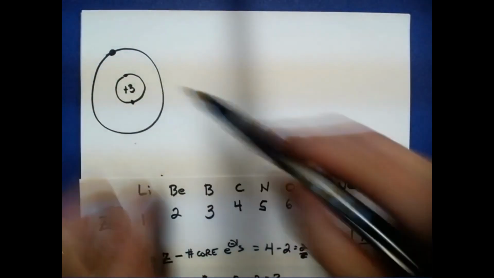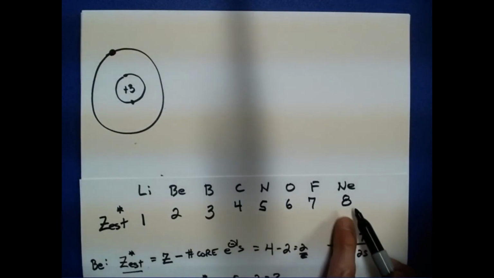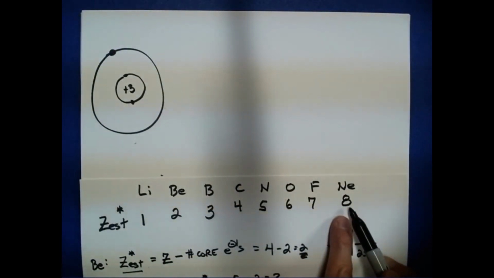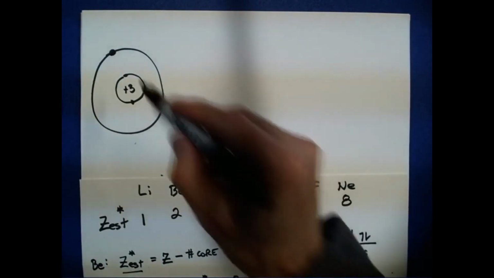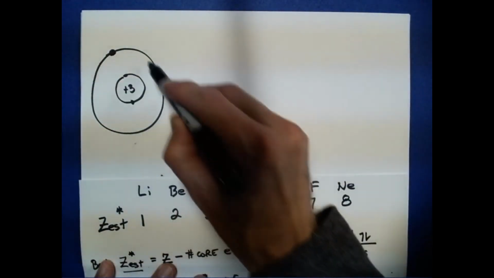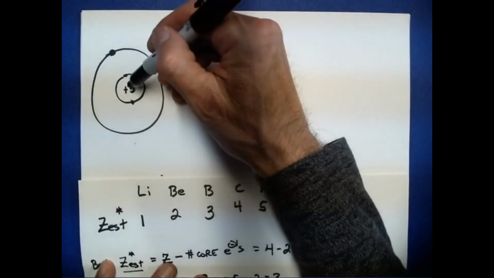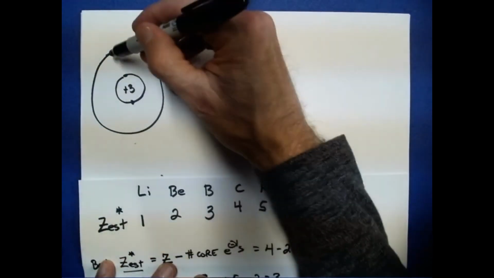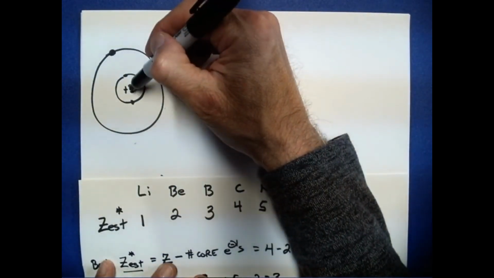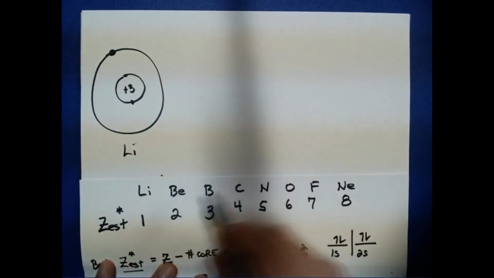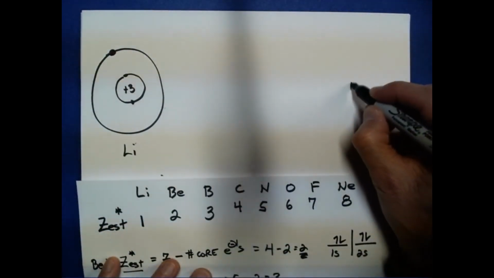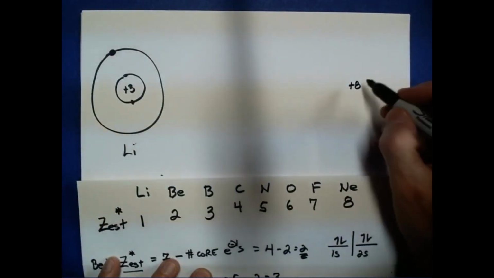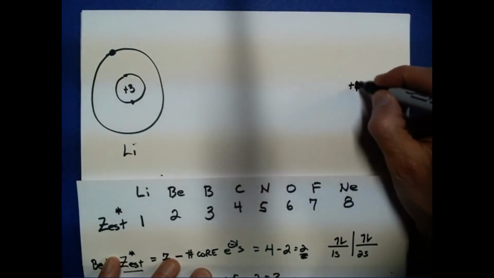I mean, plus 1 is much smaller than a positive 8. This is going to be pulling 8 times harder on an electron than this. And so you'll notice that I've drawn this second shell out kind of far because this plus 1 effective nuclear charge is not very good at pulling that electron in. If we do the same thing for neon, for neon it would be plus 10 for the nucleus.